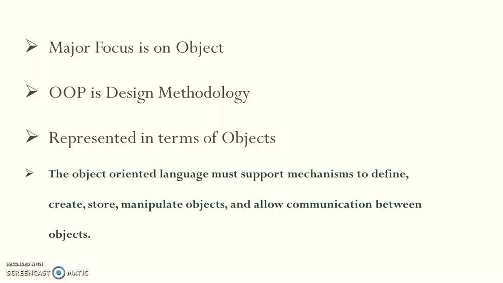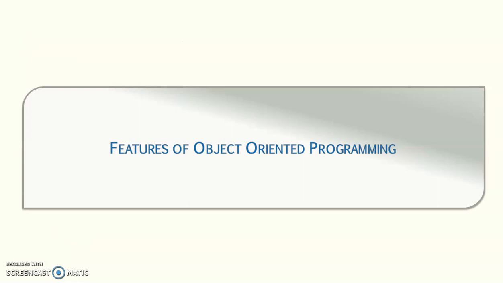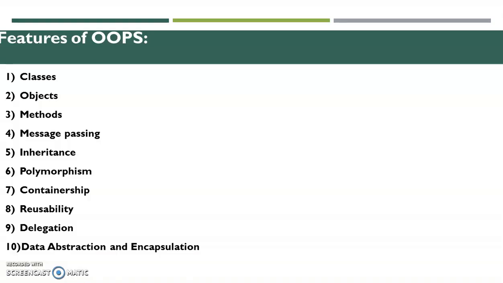So in short, we can say an object-oriented programming language must support mechanisms to define, create, store, manipulate objects and allow communication between the objects. Let us learn the important features of object-oriented programming.